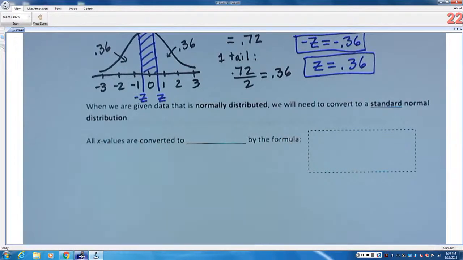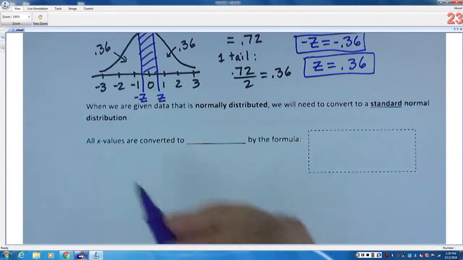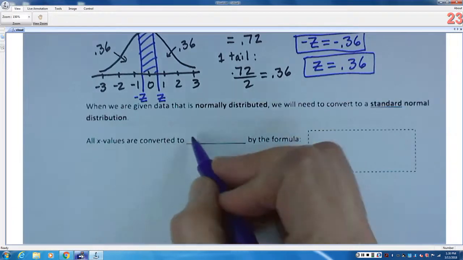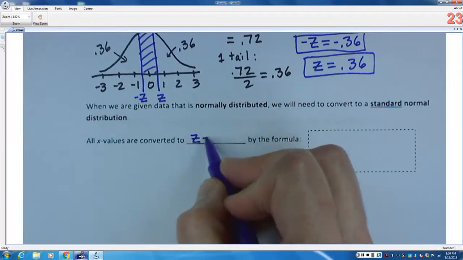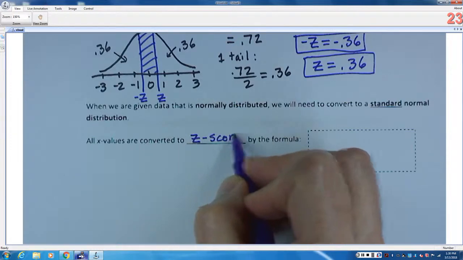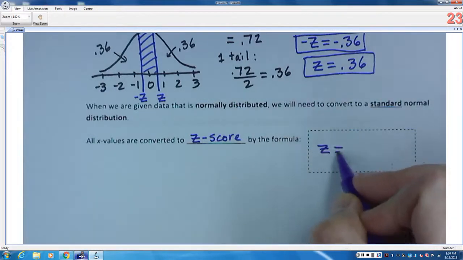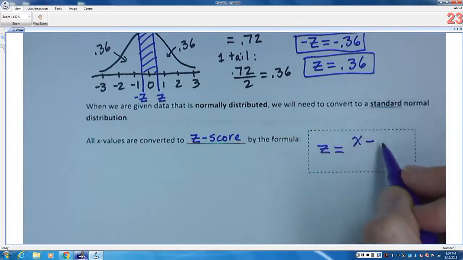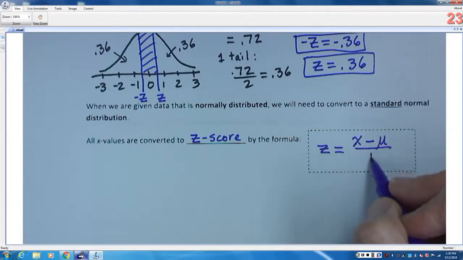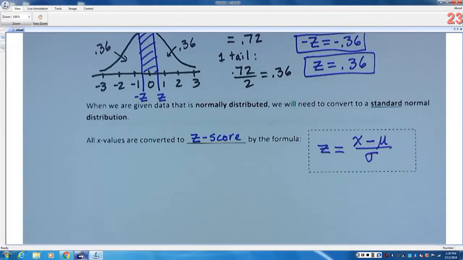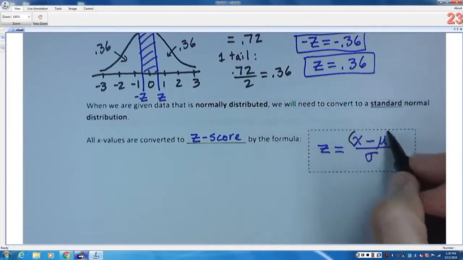You do need to know how to convert. All x values are converted to z-scores, or z-values, by the formula z equals x minus mu over sigma. And you do need parentheses here.